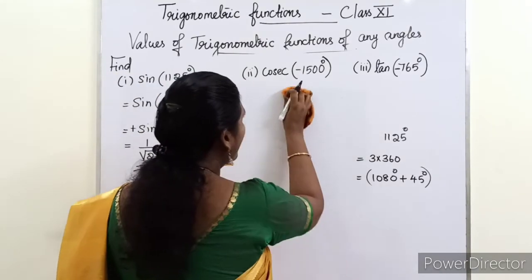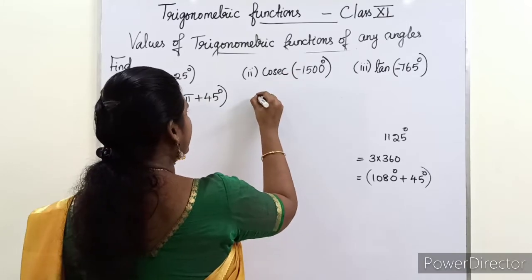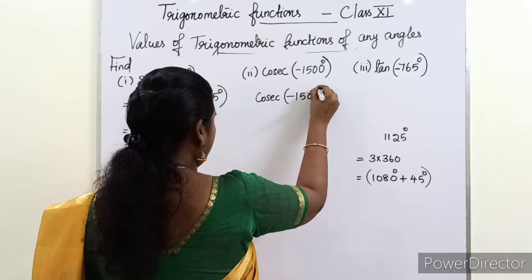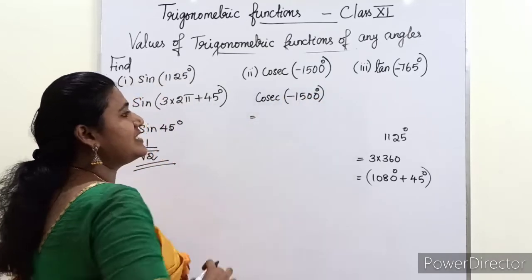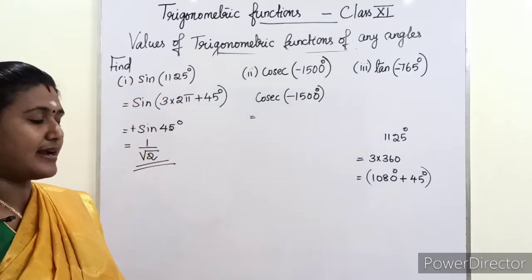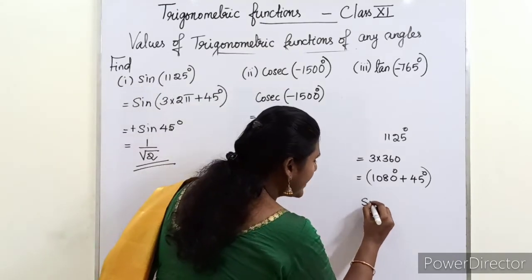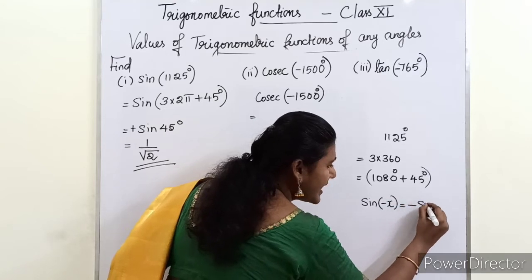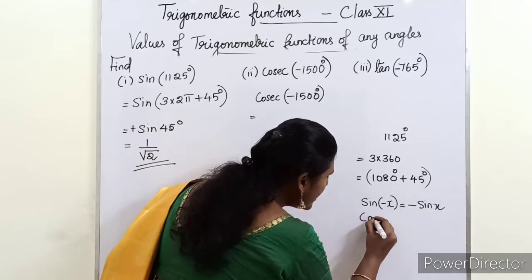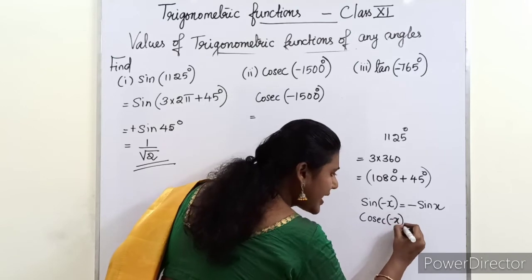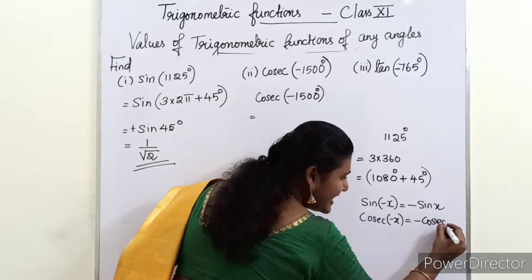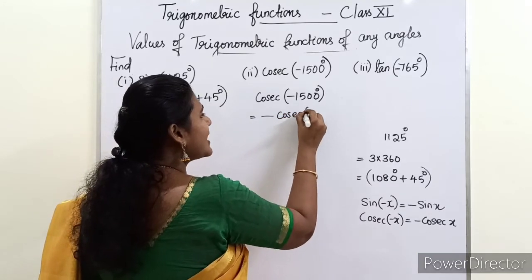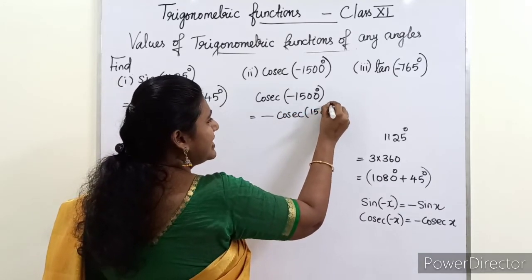Second question, you have a negative angle here, that is cosec minus 1500. First we will change this negative angle. Using the formula we have already studied, sin of minus x is equal to minus sin x, so cosec of minus x will be minus cosec x. So the given negative angle we can write as minus cosec 1500 degree.